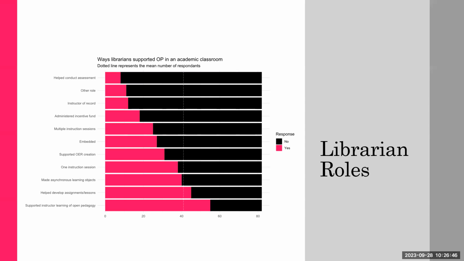The most common roles they said they've played were supporting the course instructor's learning of OP, 67%, helping to develop lessons or assignments, 55%, creating asynchronous learning objects, 49%, providing library instruction sessions, 46%, and supporting the creation of OER, 38%. Whereas serving as an instructor of record for the course, 15%, and helping with assessment, 10%, weren't often roles these respondents reported taking on.